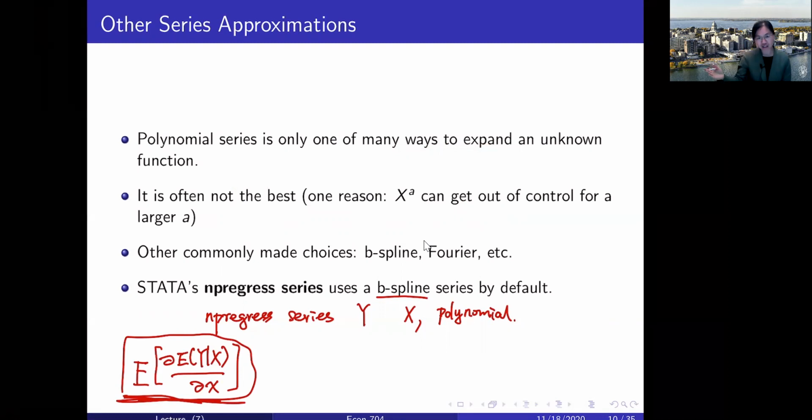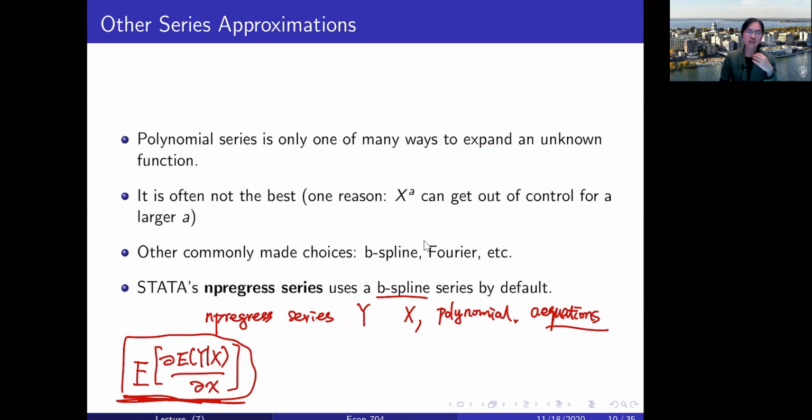But maybe if that's not what you want, what you can do is to add the option, I think it's "equations". And then if you add this option, then Stata is going to produce all the beta estimates.